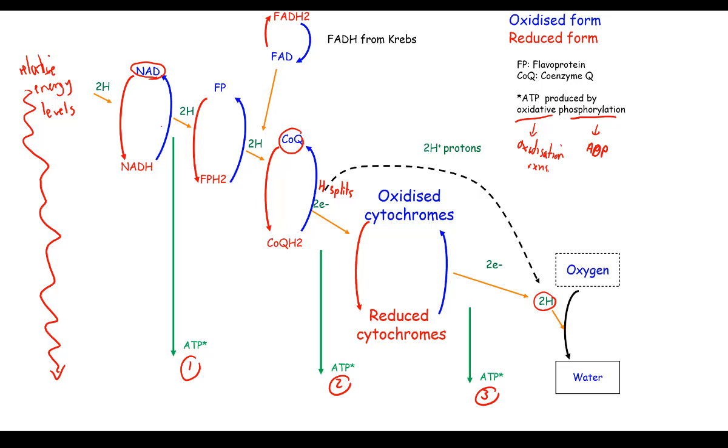So the energy which is released as the hydrogen is passed along in a series of reduction and oxidation reactions leads to the phosphorylation of ADP and produces a molecule of ATP. And that's the electron transport chain.